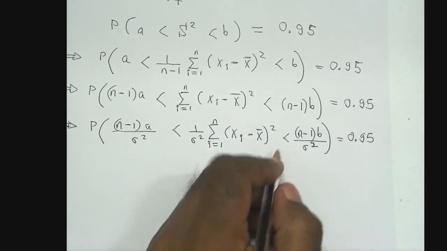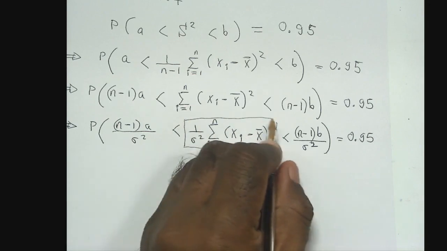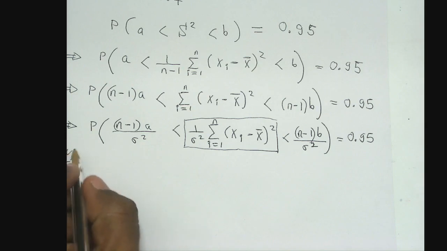Now, let me ask you, what distribution will this have and why? This is where the hint I gave you guys comes in. It has the chi-square distribution with n minus 1 degrees of freedom. That's because of equation 72.